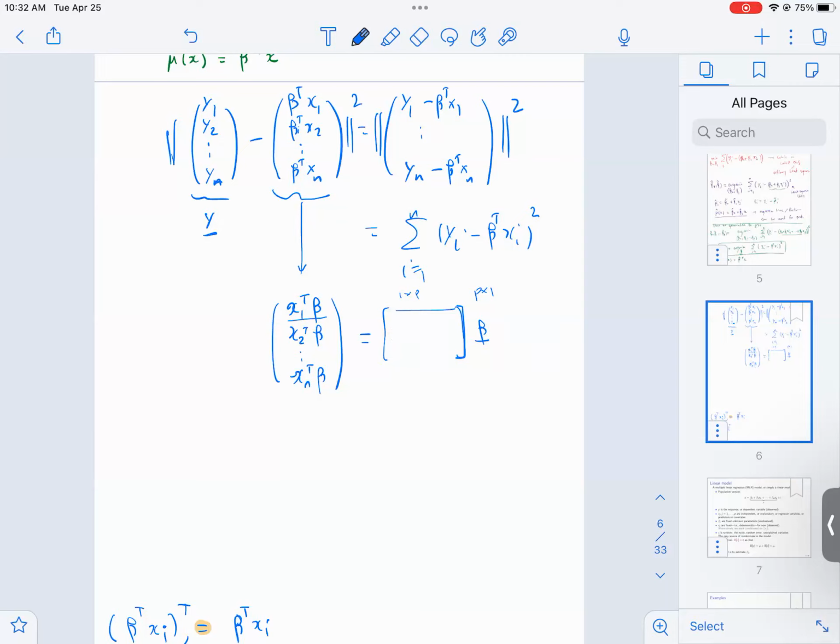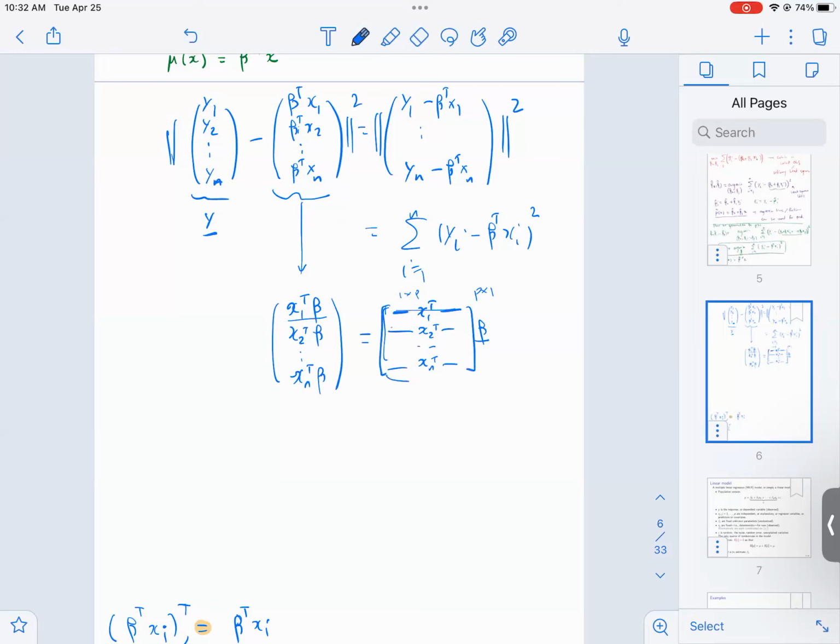So it should be x1 transpose, which is a row vector, p-dimensional. If you multiply this row by that, it's just x1 transpose times beta, which gives you the first element. If I have x2 transpose, this row gets multiplied by that, right? That's how matrix multiplication works. So if I put a matrix like this there, it would work.